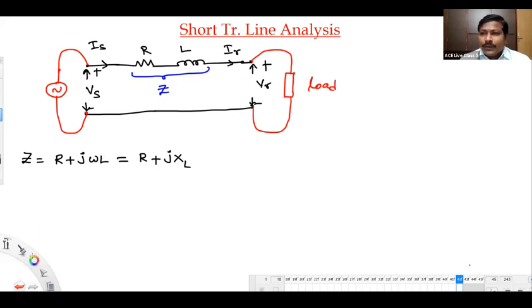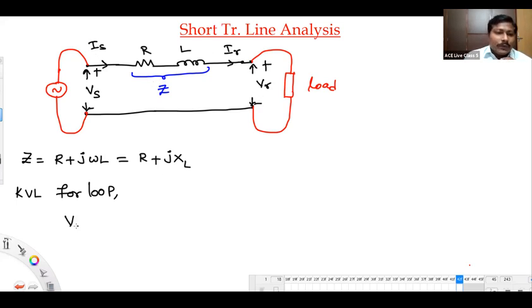Listen to this. As a basic analysis here, you apply KVL for this loop. What will you get? KVL for the loop: the input voltage Vs, Is into Z is the drop, VR is also a drop.